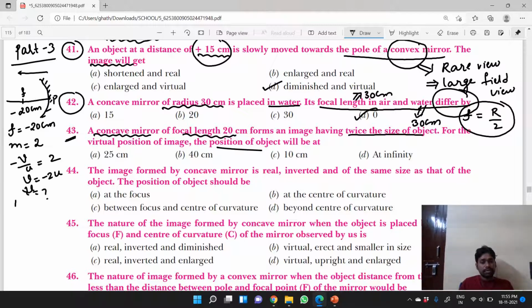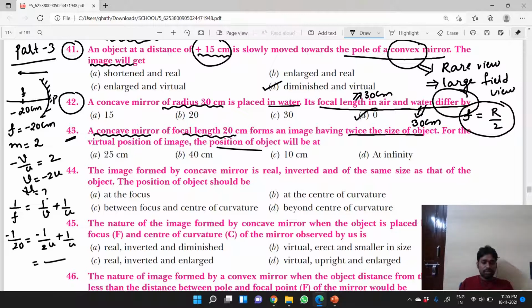So the formula for this is 1 by f is equal to 1 by v plus 1 by u. So 1 by minus 20 is equal to 1 by minus 2u plus 1 by u.